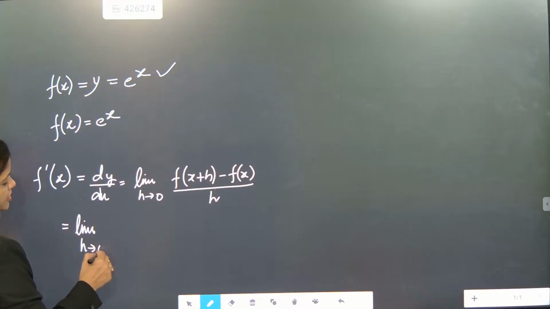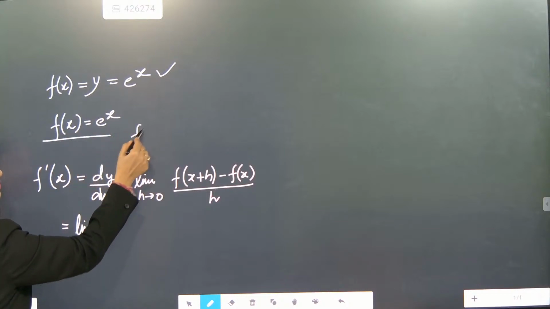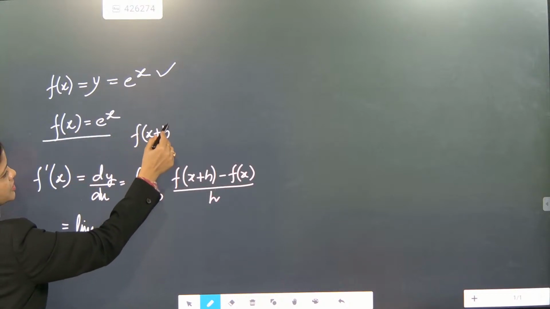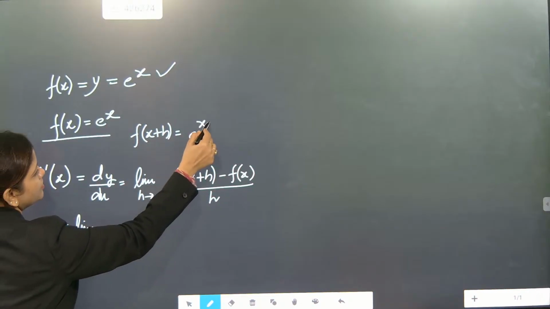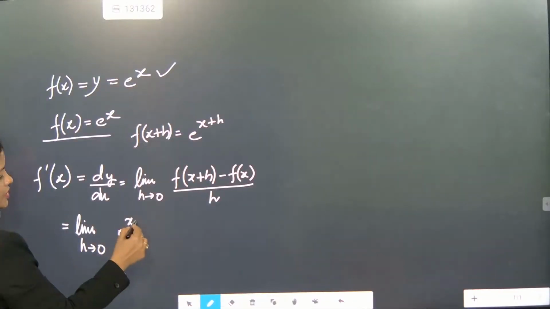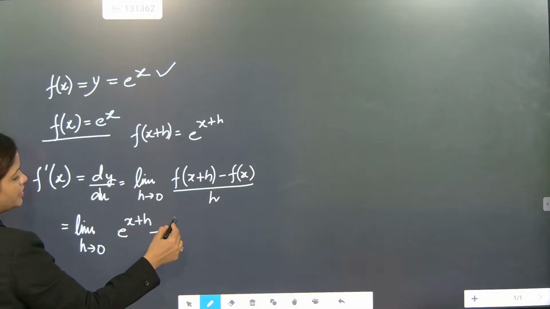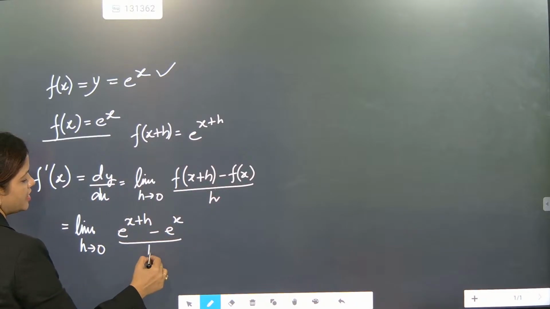If f of x is this, then what will be f of x plus h? It will become e to the power x plus h. So we will write limit h tends to 0, e to the power x plus h minus e to the power x, by h.